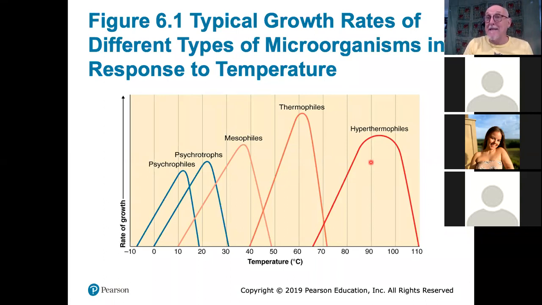But in these that are adapted to high temperatures, all of their macromolecules have special protective mechanisms that have evolved. So know these groups, and at least know their optima for the different psychrophiles, psychotrophs, mesophiles, thermophiles, and hyperthermophiles.